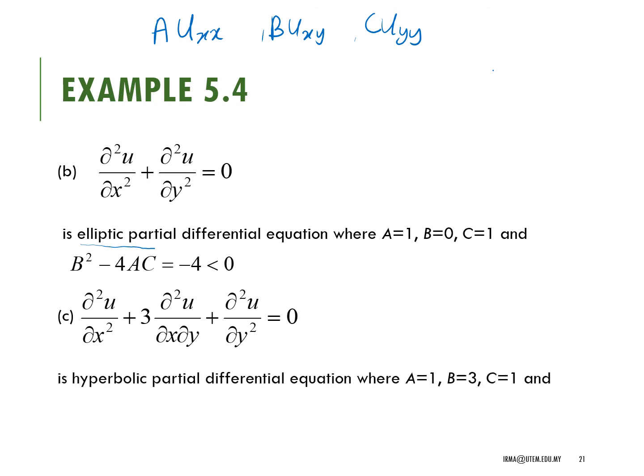Therefore, if you solve for b² − 4ac, you will get 5. Since 5 is greater than 0, we consider the PDE a hyperbolic partial differential equation.